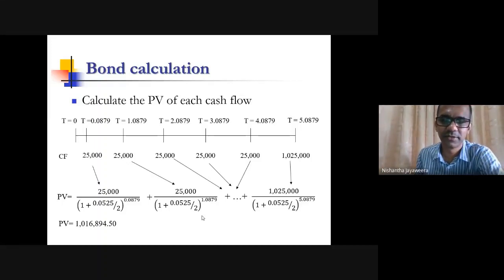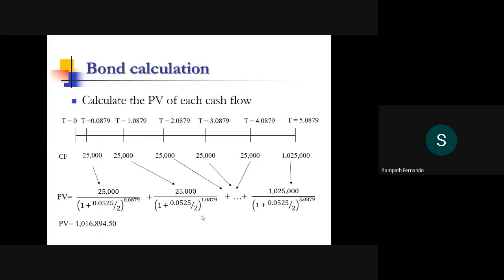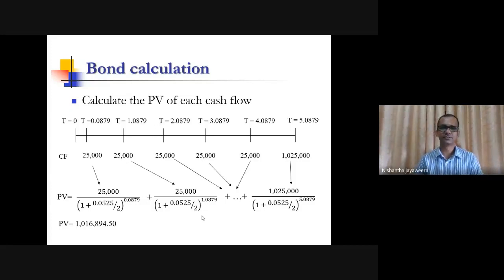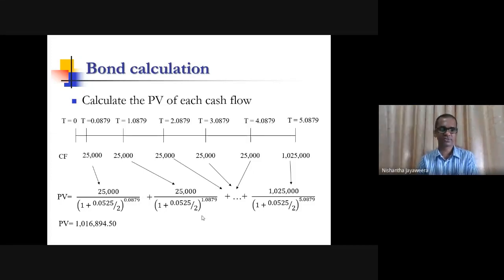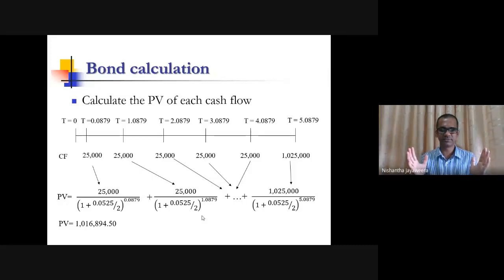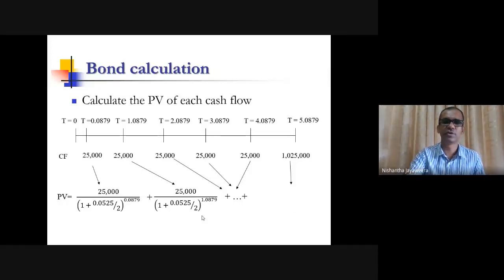Yes, go ahead. When you calculate it 182 days, do you calculate through Excel, or at the exam, how do you calculate? Manually. I think we explained that, how to do. Calculate the number of days from the settlement date, sorry, coupon date, to the month end. You need to calculate the difference between two coupon dates.